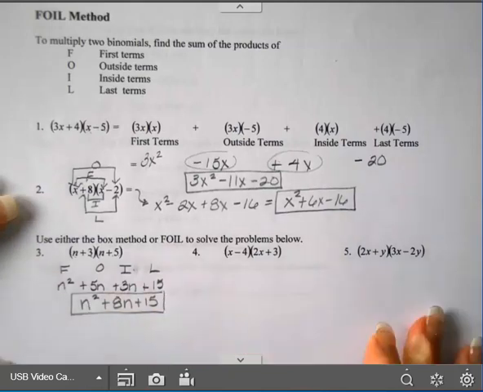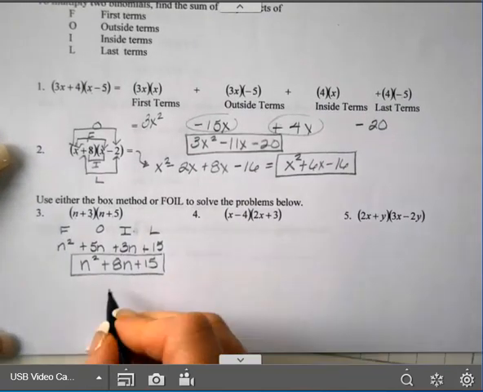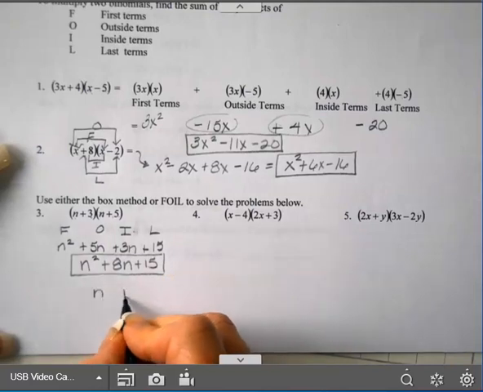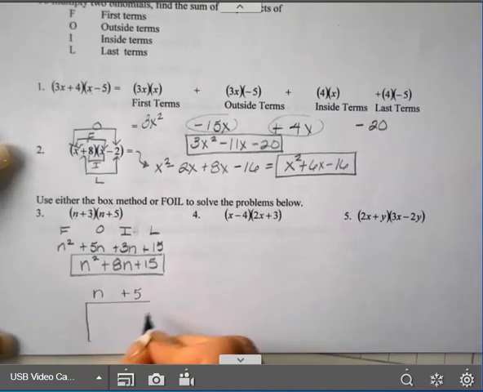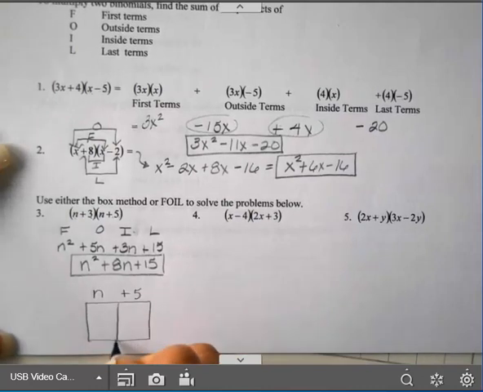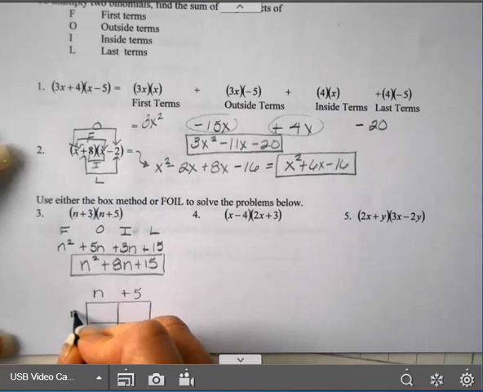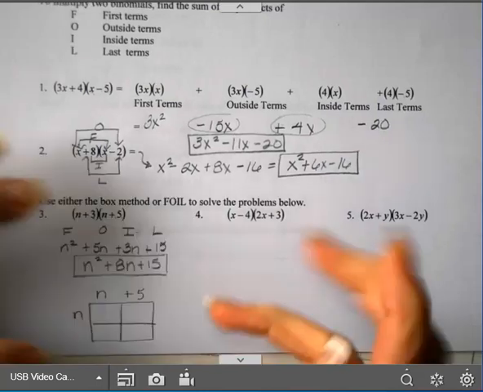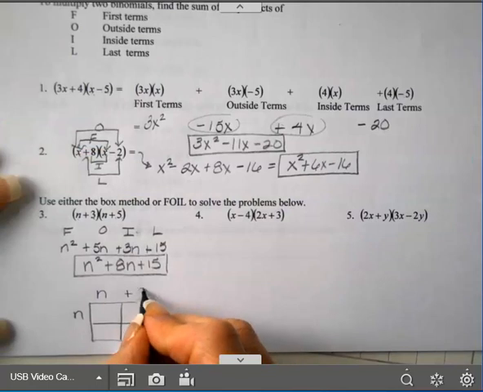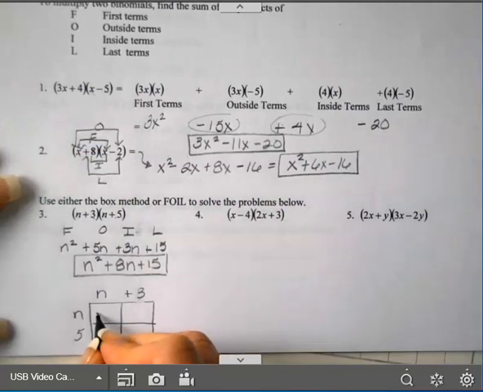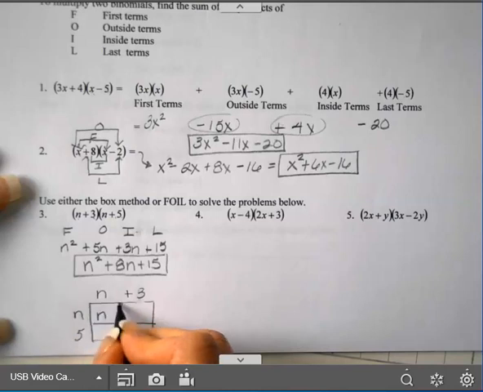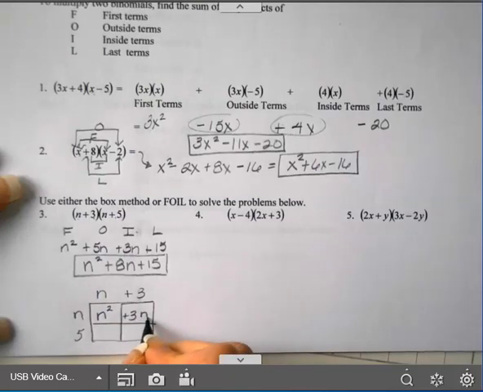That didn't take very long. Let's go ahead and do the box on that as well. So if I have n plus 3, and then on this side I have, I guess that was a 3, not 5, and then n plus 5. This box is n times n, so that's n squared. This box, length is 3, width is n, so that's going to be plus 3n. And then this box here is going to be n times 5, so that's 5n.